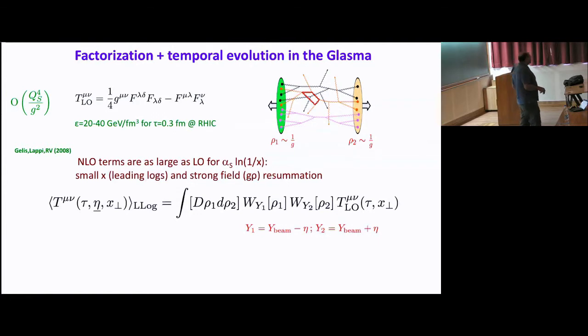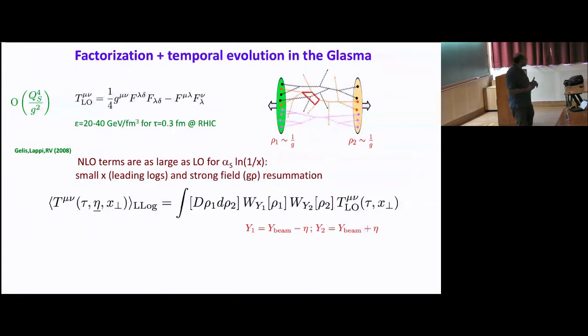So I'm including all these loop corrections which are of leading log accuracy, and I'm absorbing them in these weight functionals in one nucleus or the other nucleus for a given source distribution. And then I have to average over all possible source distributions of this object. This will also be a function of rho, by the way.